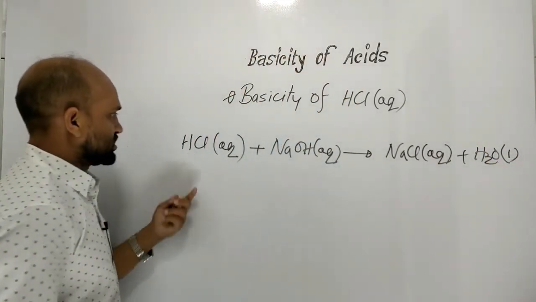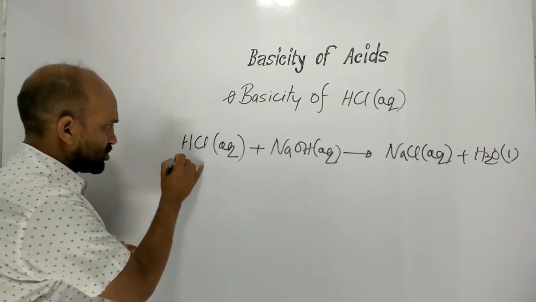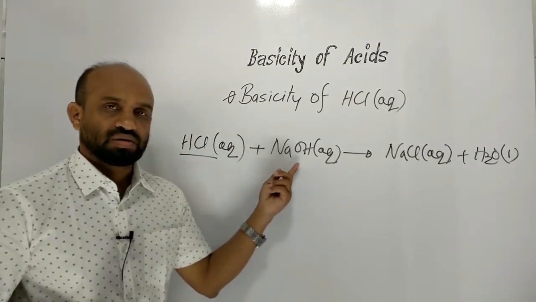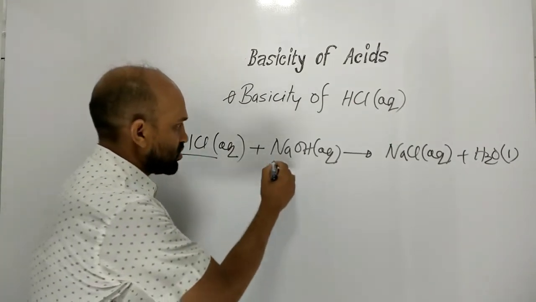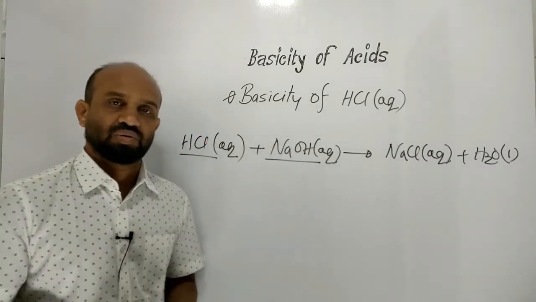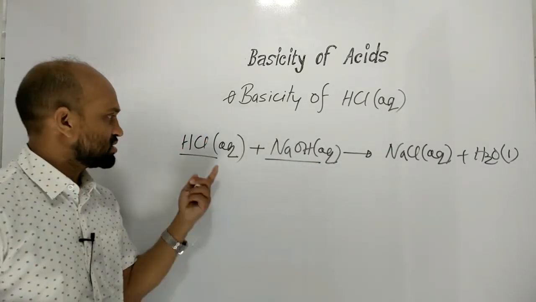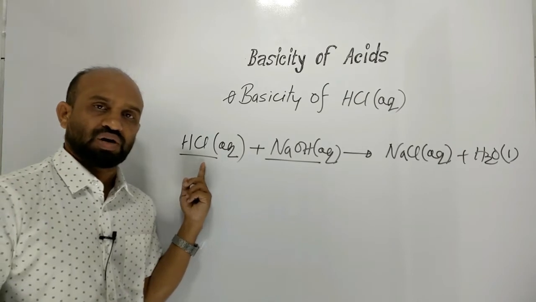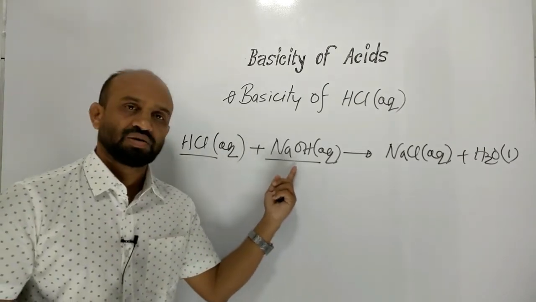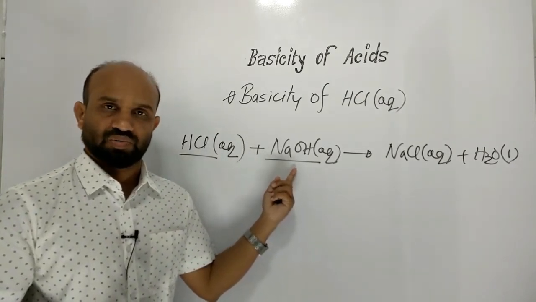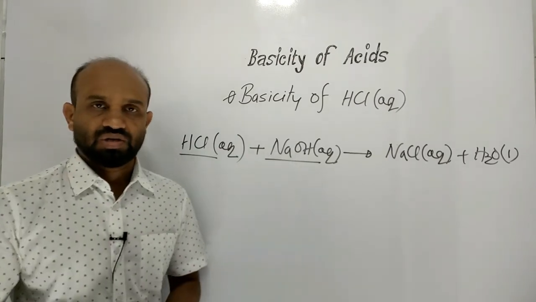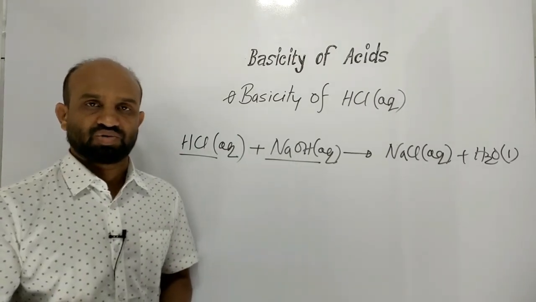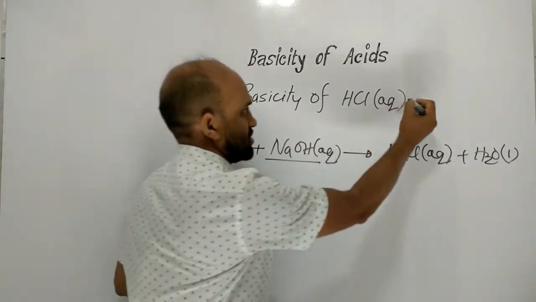In this reaction, we see that hydrochloric acid neutralizes 1 mole of sodium hydroxide base. That means 1 mole of hydrochloric acid neutralizes 1 mole of sodium hydroxide. That is why basicity of hydrochloric acid is 1.